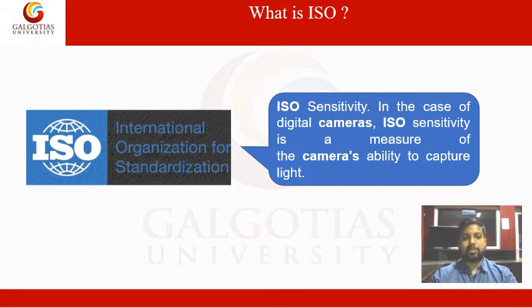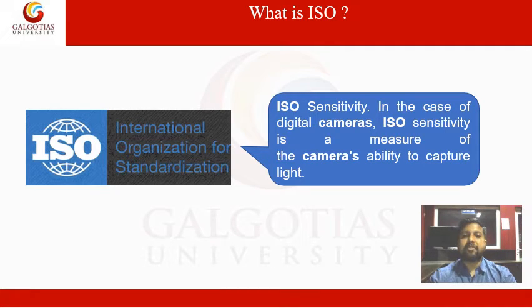What is ISO? The full form of ISO is International Organization for Standardization, and ISO is basically used for the sensitivity of a sensor. That sensor is used to capture light, which exposes that light into an image.